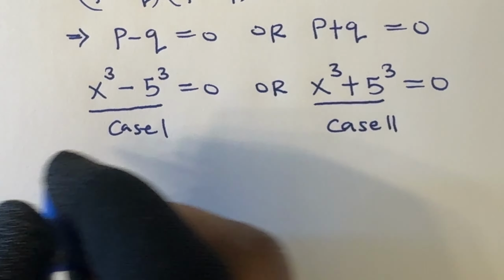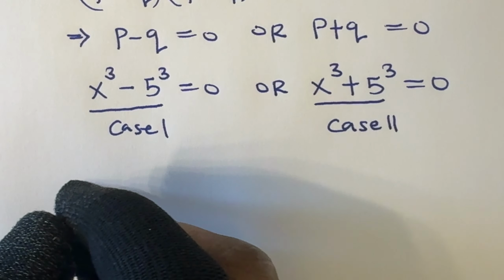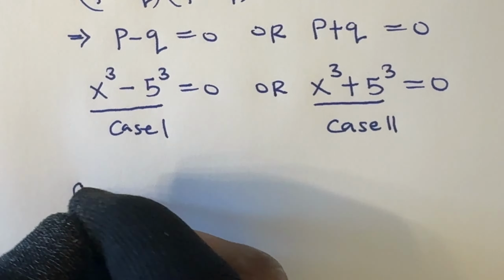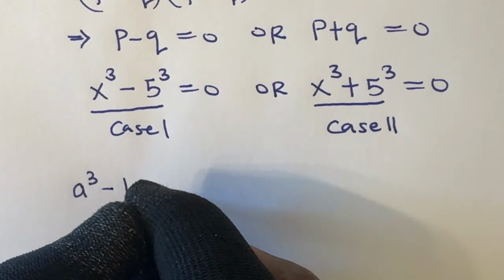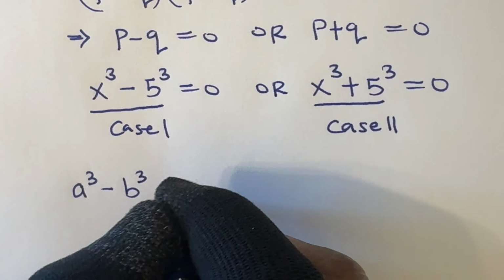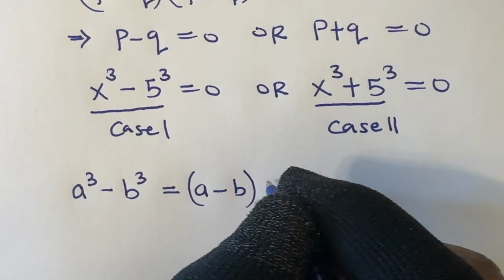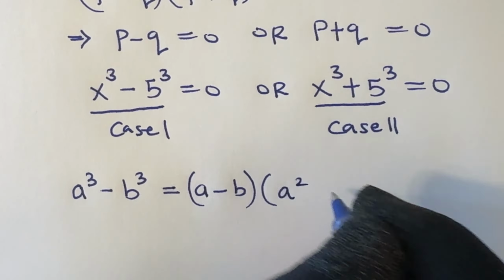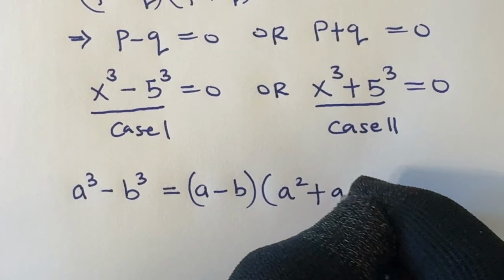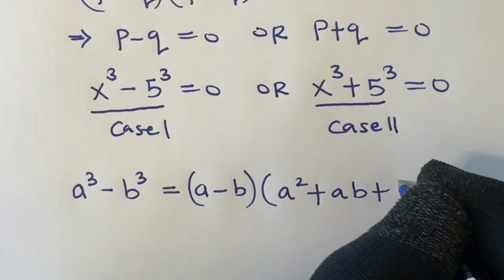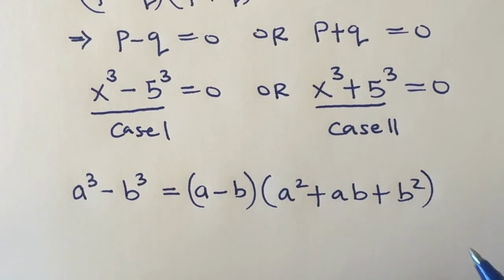For case 1, a raised to power 3 minus b raised to power 3 is factorized as a minus b times a squared plus ab plus b squared.